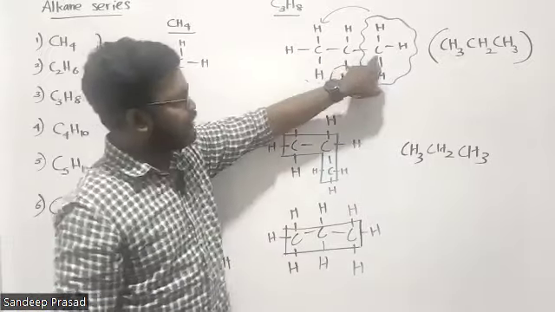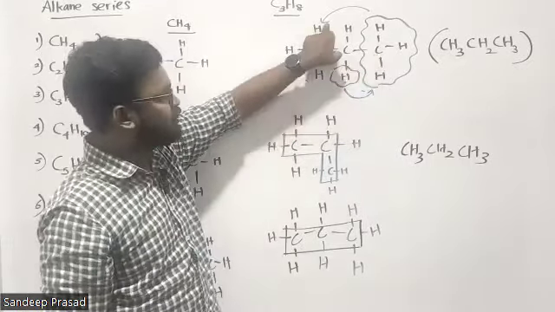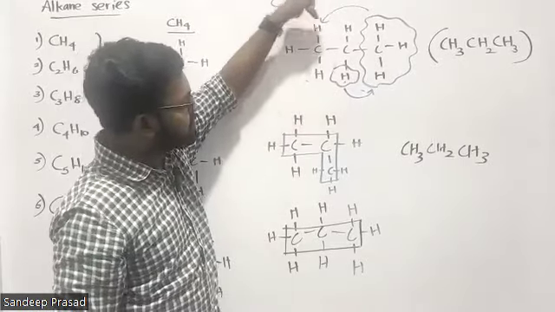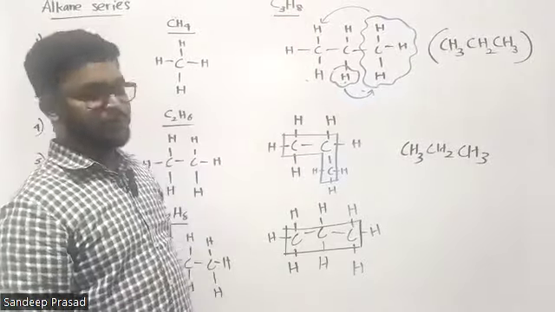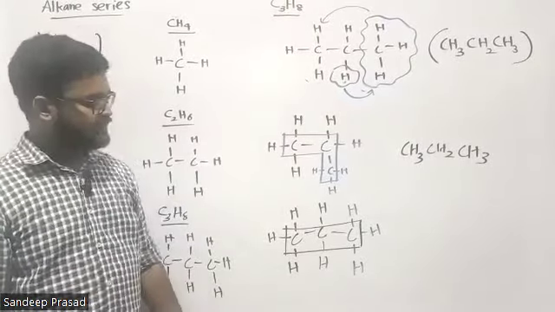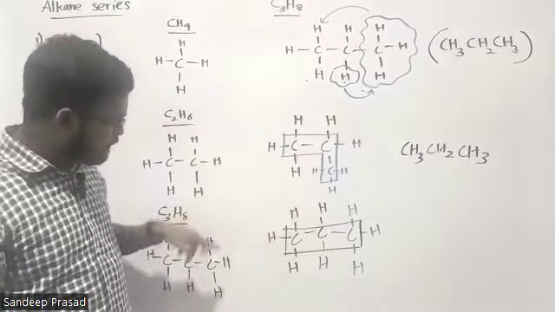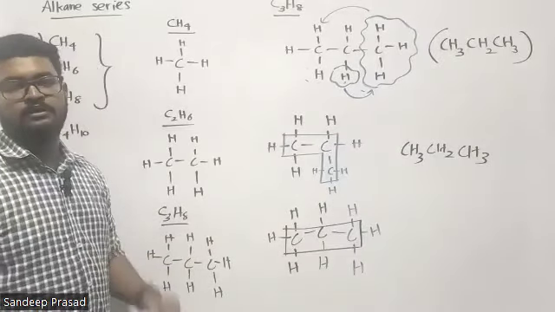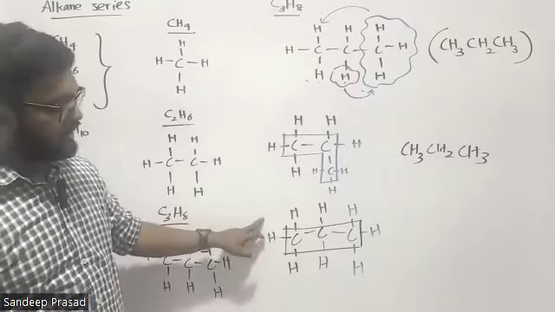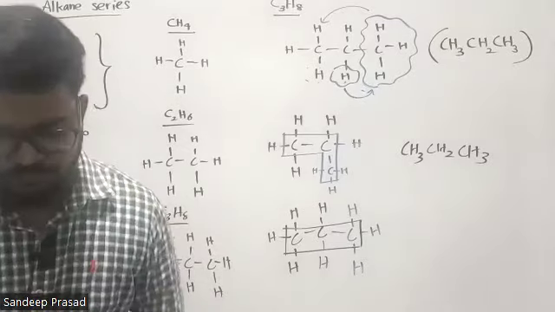That means when you shift this CH3 group to here, now it becomes a branch. In butane, C4H10. So therefore, whatever you try in propane, you won't obtain any isomers because you obtain the same structure, right?